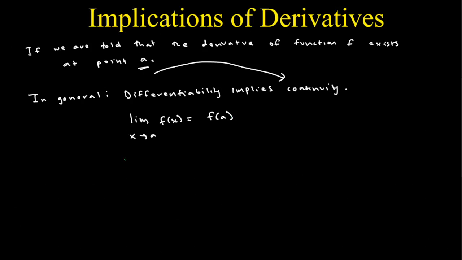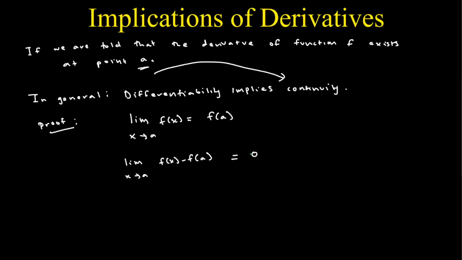If we were to manipulate this a bit, we can write this as limit as x tends to a of f of x minus f of a, right? Let me just write proof. And we need to show that this equals 0 in order to show that differentiability.